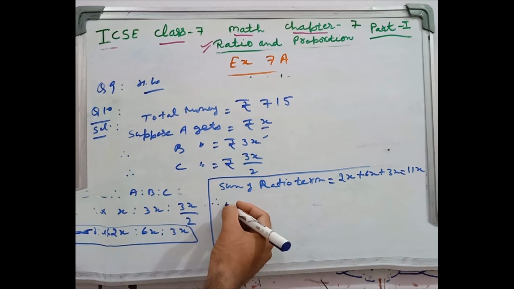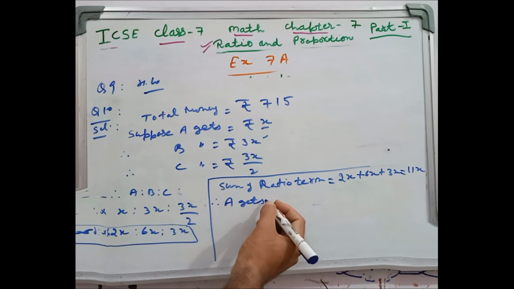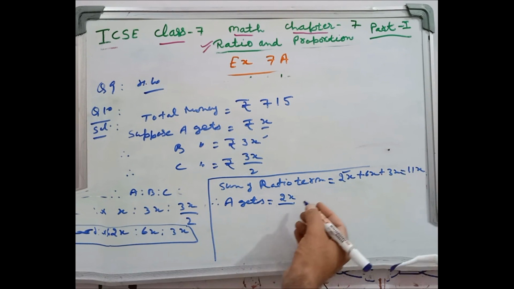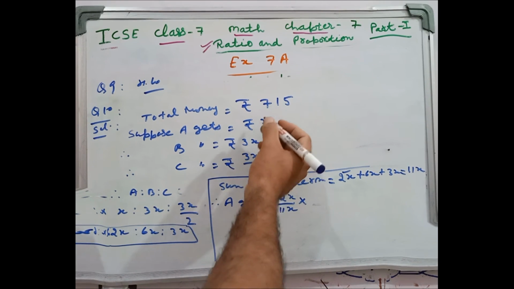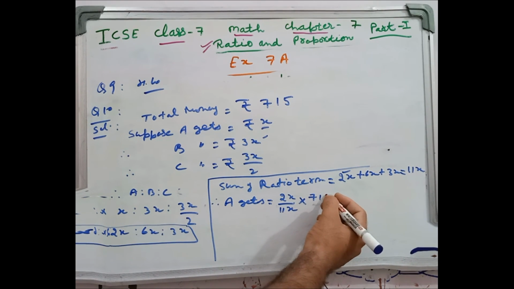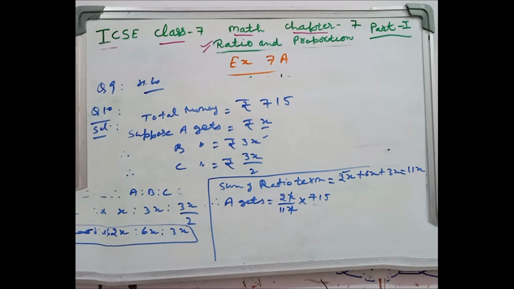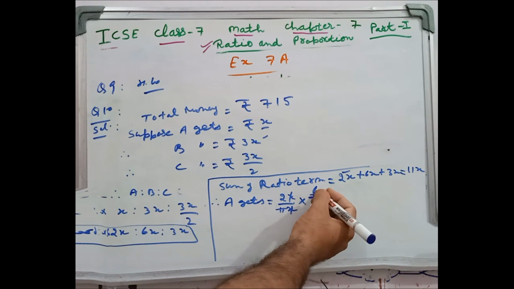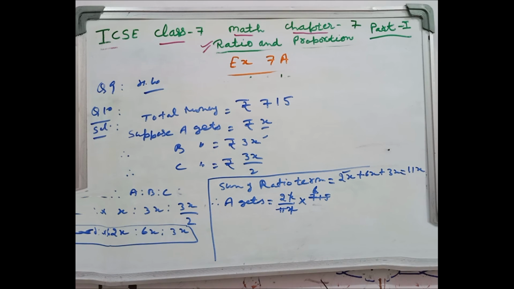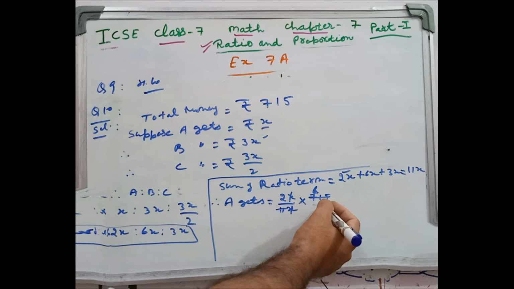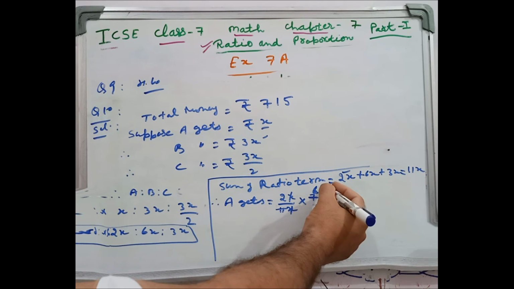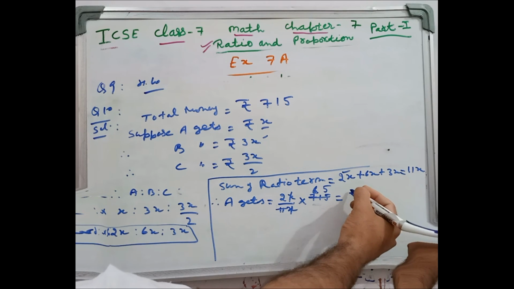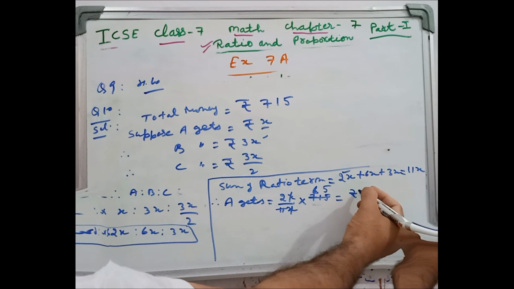Now A gets, in actual, A's ratio 2x and the sum of ratio terms 11x, multiplied by the total money that has to be divided, 715. The x got cancelled, and 11 sixes are 66, 71 minus 66, 5 remaining, 5 will go with 5, that becomes 55, 11 fives are 55. So A will get rupees 130.